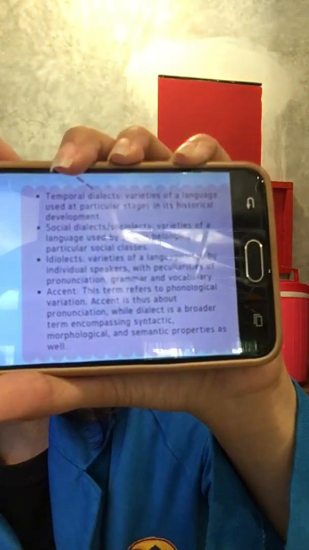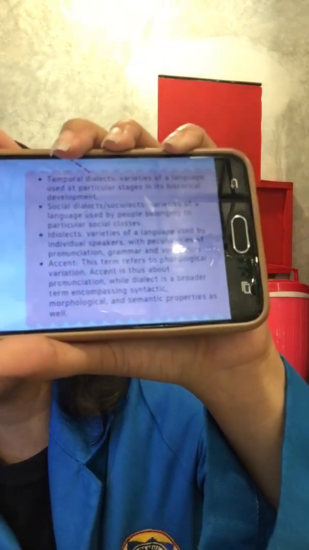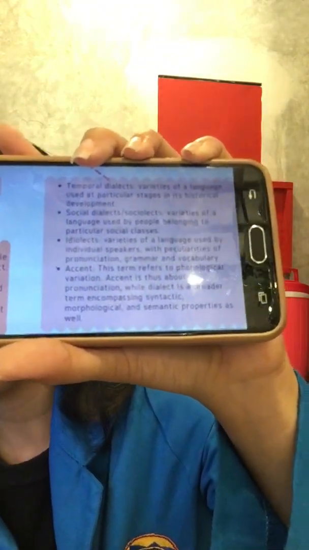After regional or geographical dialects, there is the last part in dialect: temporal dialects, social dialects or sociolects, idiolects, and accent.